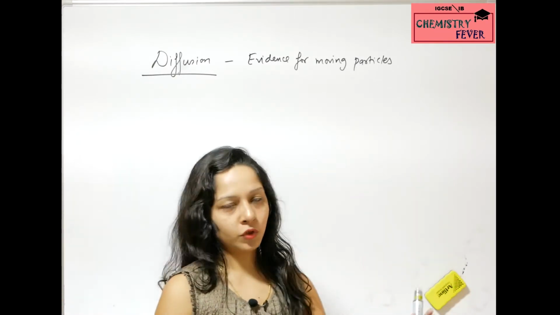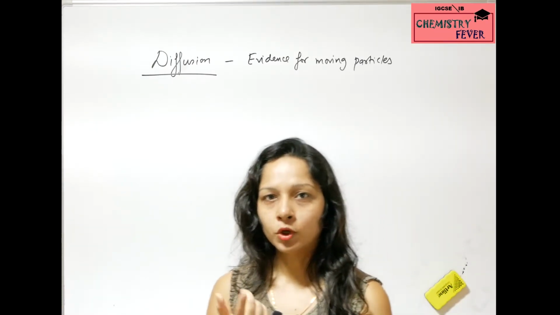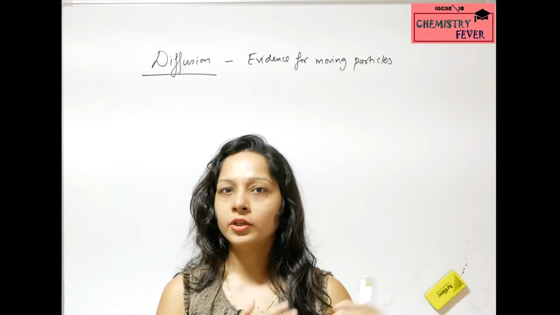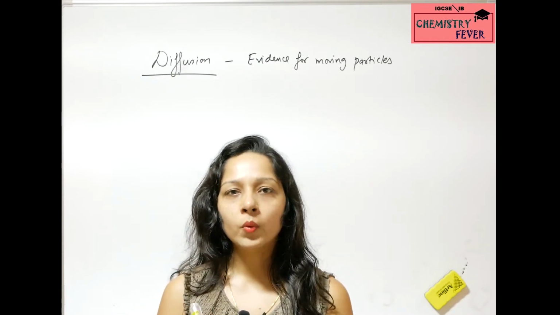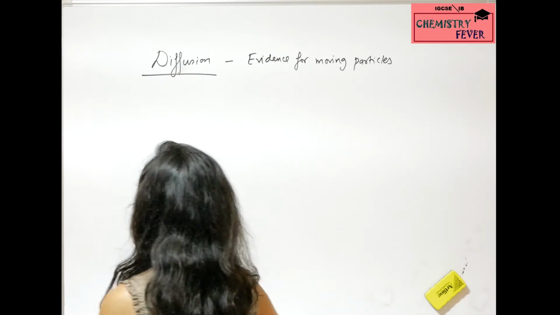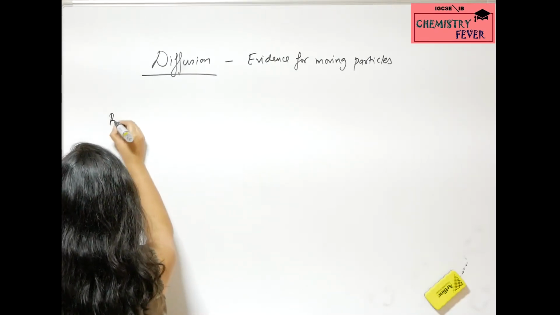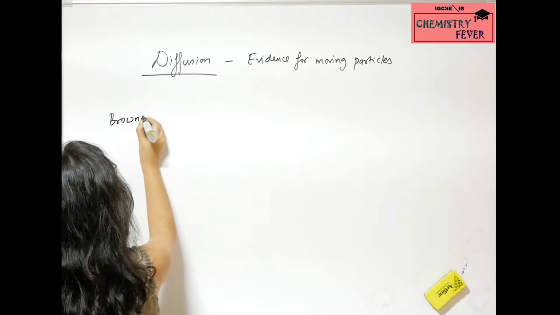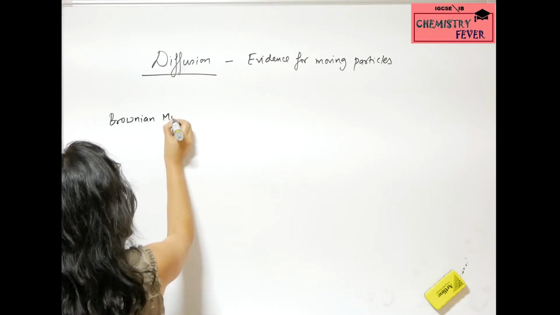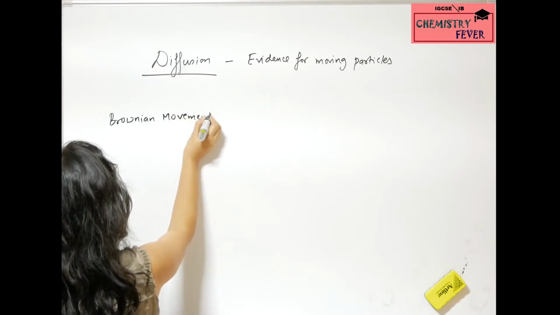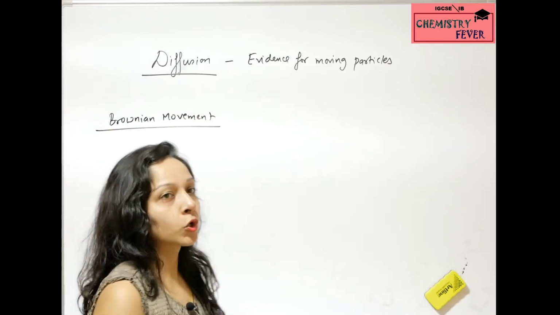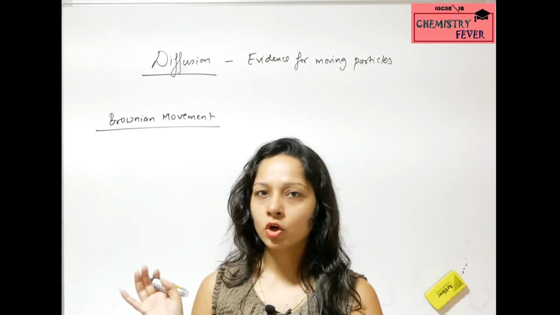So with this, diffusion is over. There is one small topic left in this chapter, and that is called Brownian movement. There is a scientist known as Robert Brown who gave this concept.